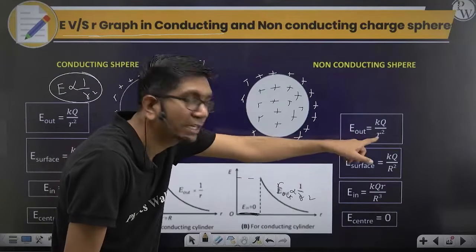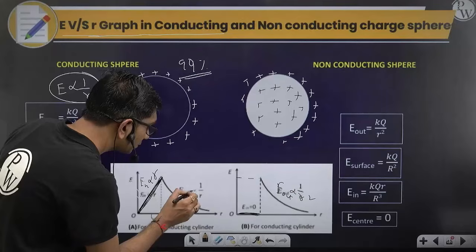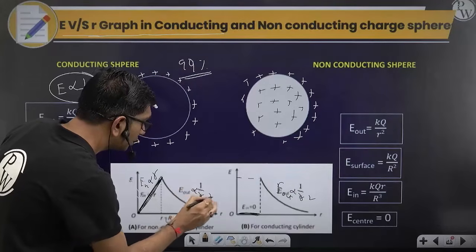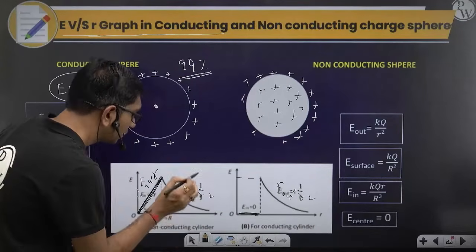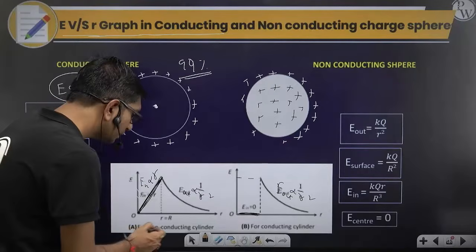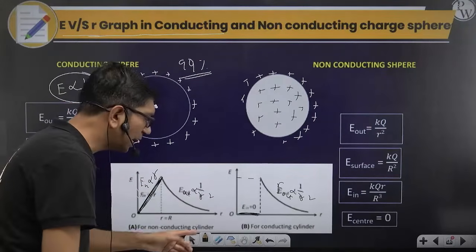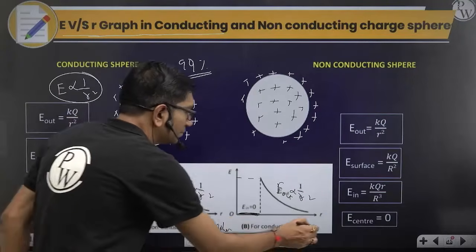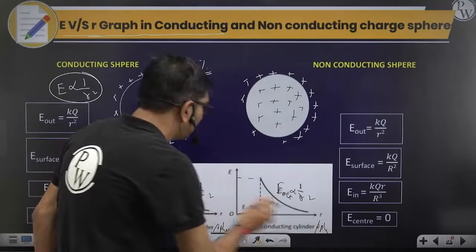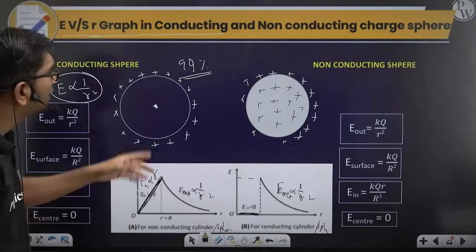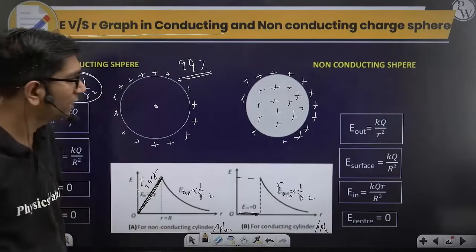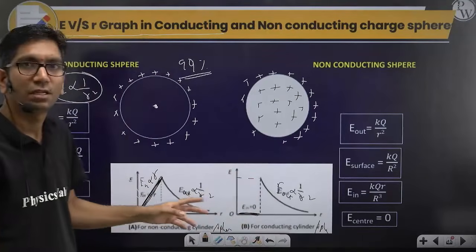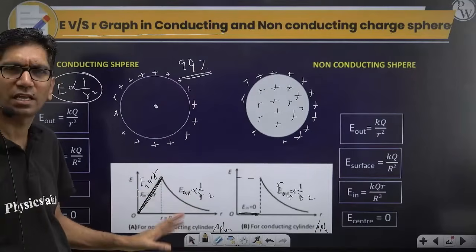Then it is inversely proportional to r square. For non-conducting cylinder as well as sphere, same graph you will get. 99% he will ask you this one only. So many times he asked this one, based on the graphs only.